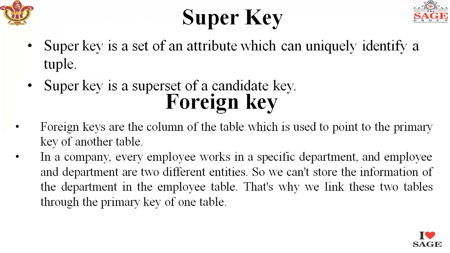Next one is the super key. So what is a super key? Here you can see the definition. A super key is a set of attributes which can uniquely identify a tuple, and we can also say that the super key is a superset of a candidate key. This is in a single table, which we already discussed, the employee table.